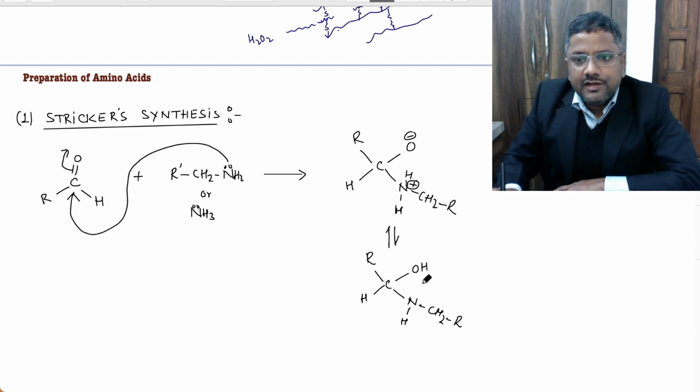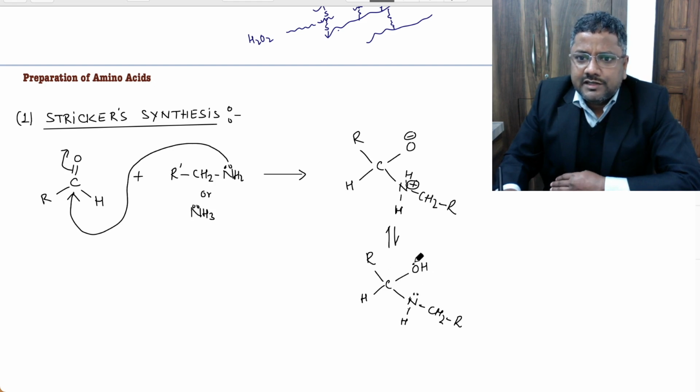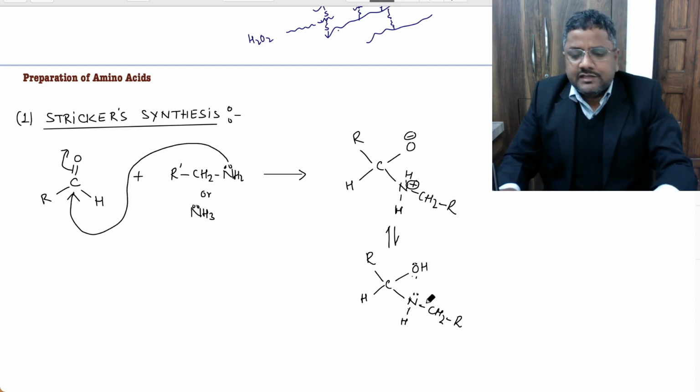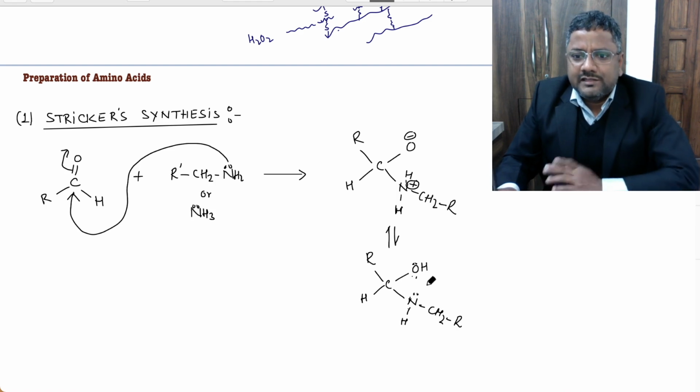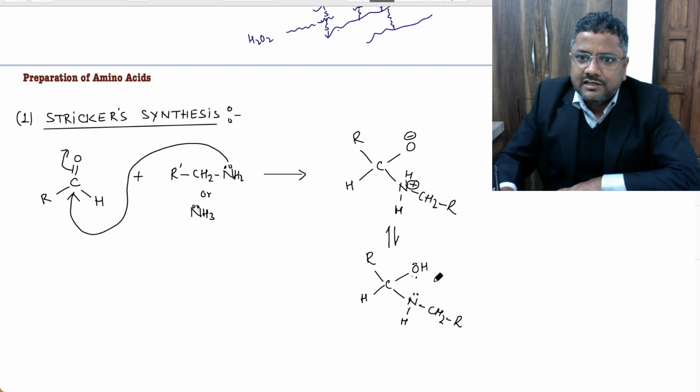So this you will get, and all of you are knowing that at the same carbon, if two OH groups are there, elimination of water will take place. So this OH and NH2, if NH are there, then also elimination of water, because a poor base is a better leaving group. So if there is a choice between water and ammonia, obviously water will eliminate. So dehydration will take place, right?